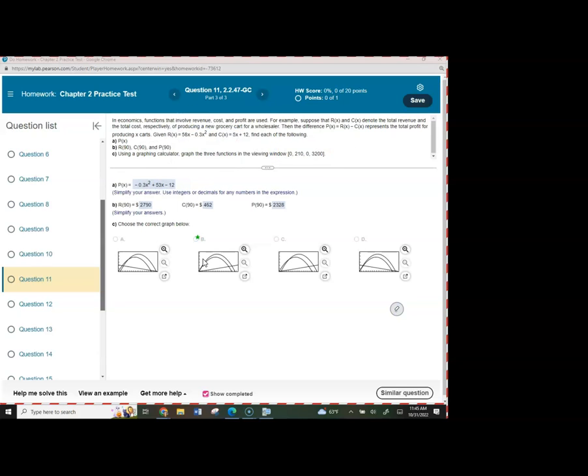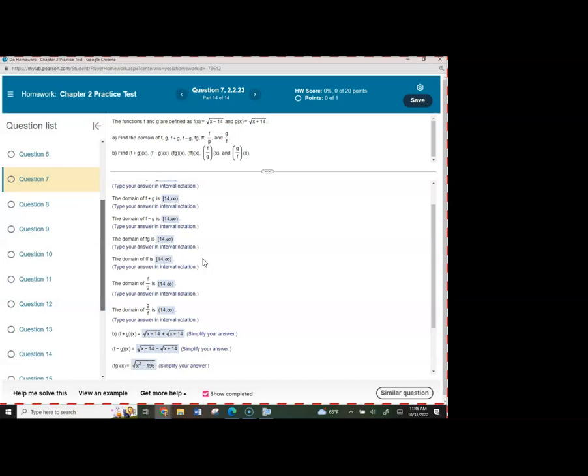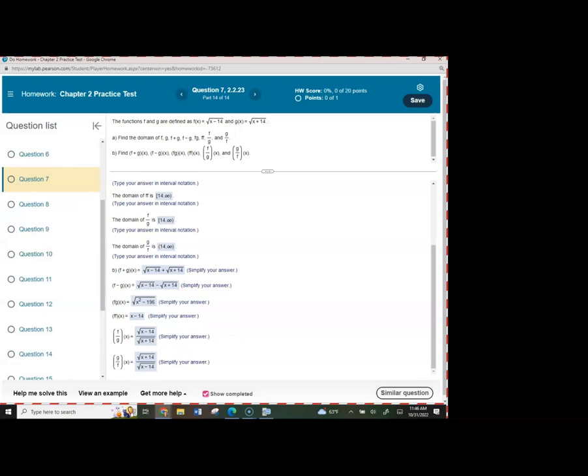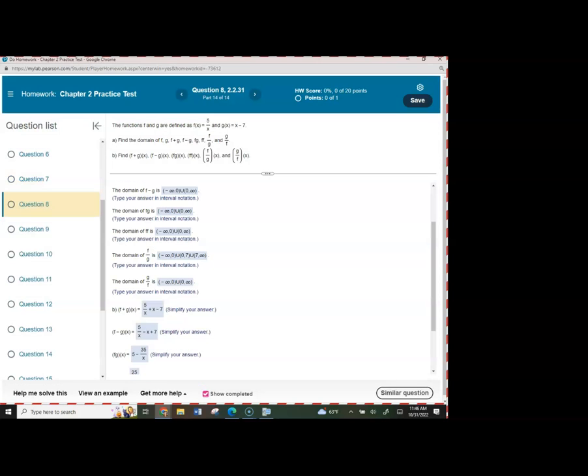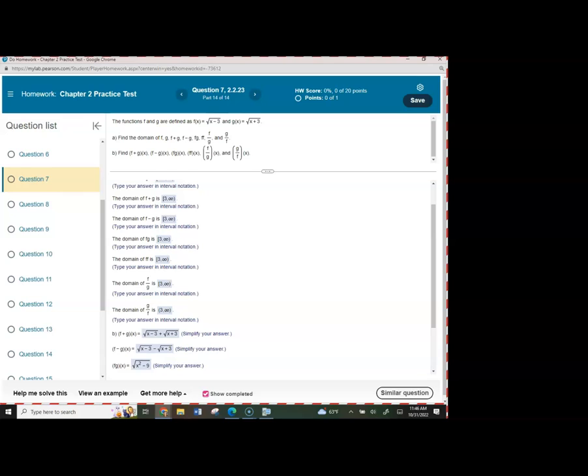All right, 7. Okay, is 7 the first one that's 14 parts? Okay. 8 is with the linear and then the fraction. Okay. 7's harder because of the radicals.